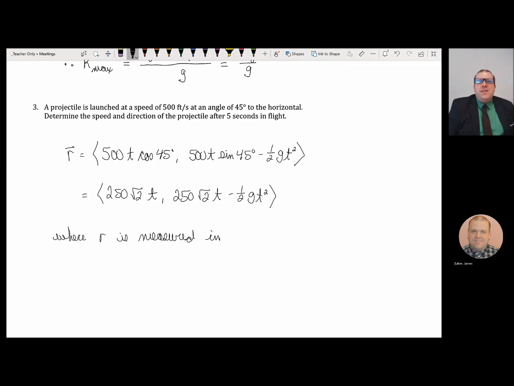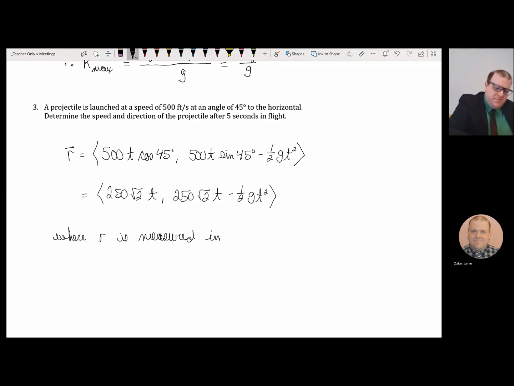What is the magnitude of r being measured in? So what are the units? r represents position.